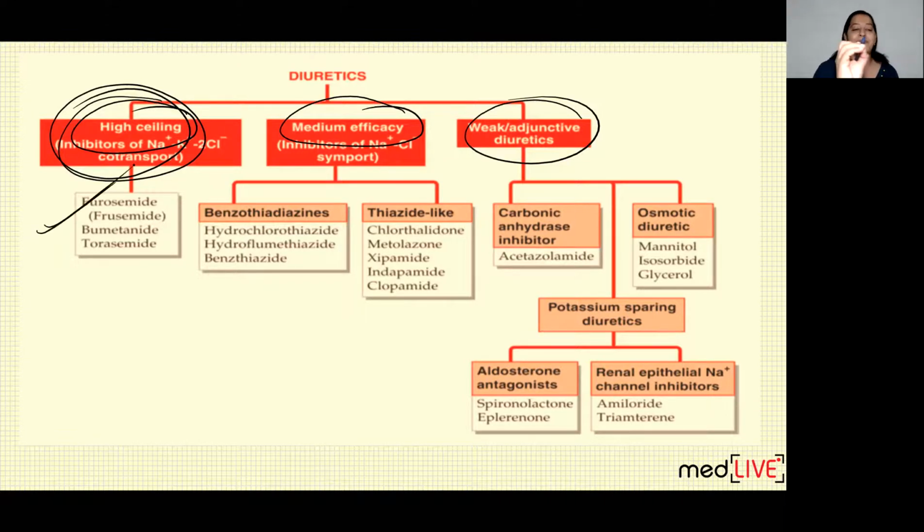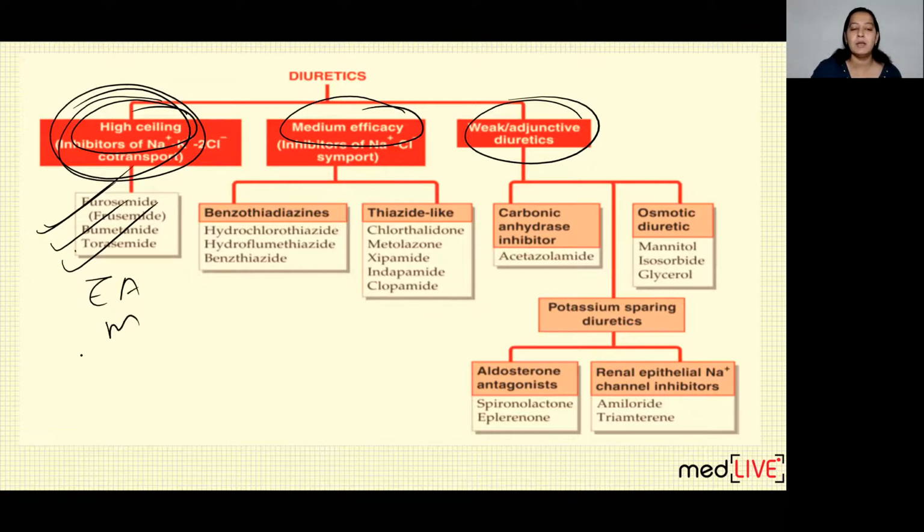In high ceiling or high efficacy diuretics, there are three drugs. Furosemide is the prototype drug here. If you want to learn one drug, that is furosemide. That is the prototype drug of this class. Also, there are two more drugs, bumetanide and torsemide. Historically, there were two more drugs in this class, ethacrynic acid and mersalyl.